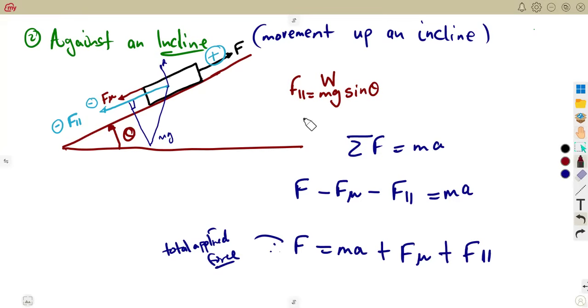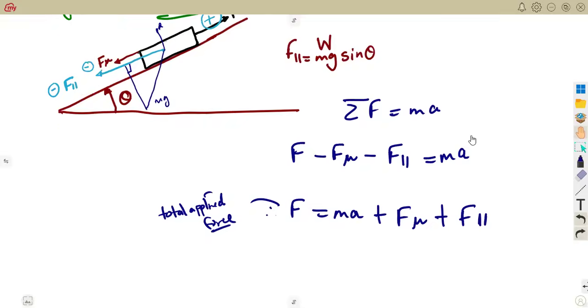So this one, let us just call it a movement up an incline. We are still having this against an incline, but this one was going up. So let's consider when it is going down. Let's say the object is originally going down. Movement down an incline.